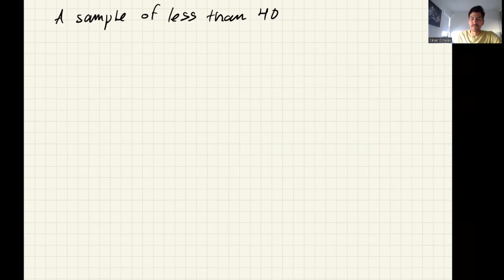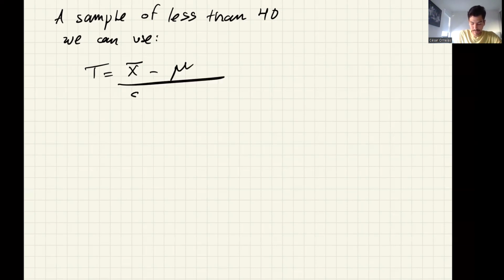If we have this case, we can use this formula. T equals the sample mean minus the mean of the population, divided by the standard deviation over the square root of n.